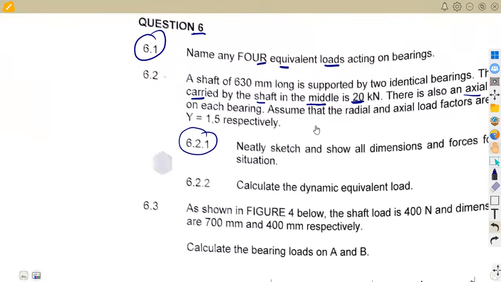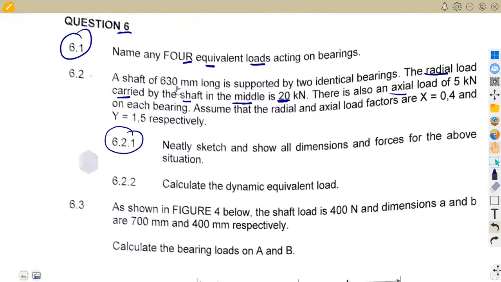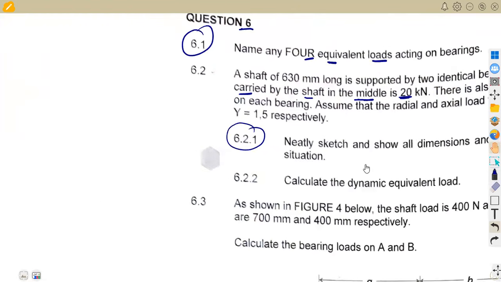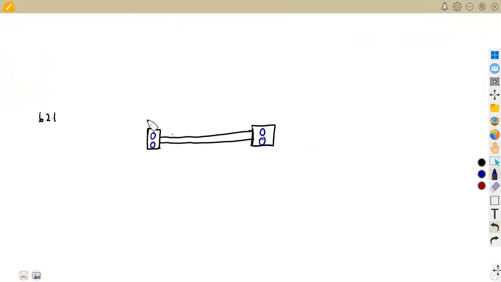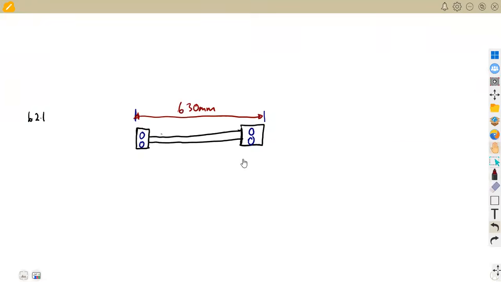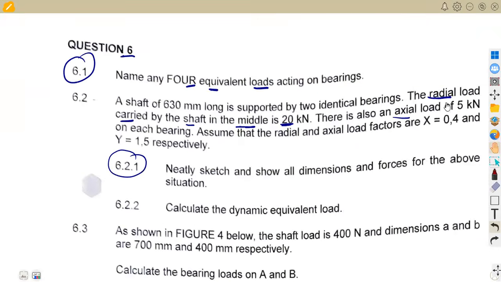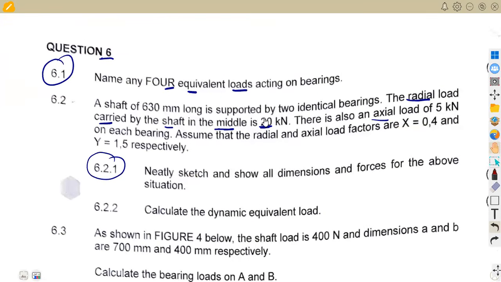In the presentation that we are given, I want us to consider these forces. This shaft is 630 millimeters long, supported by identical bearings, meaning from this end point to the other end point we are given 630 millimeters. We also have the information about the radial load, which is carried in the middle, 20 kilonewton.